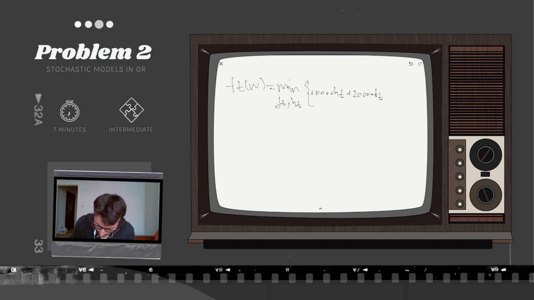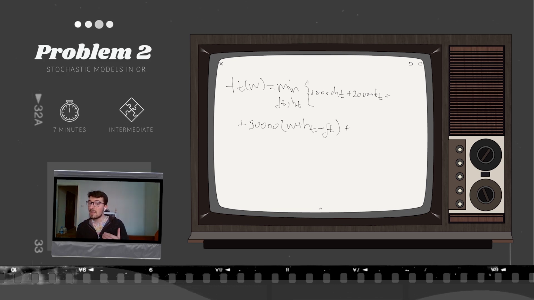So we will say plus $30,000, the salary of a worker, times W, the number of workers you have now, plus the number of workers that you will hire, minus the amount of workers that you will fire. So this is how much expenses you will have every year.